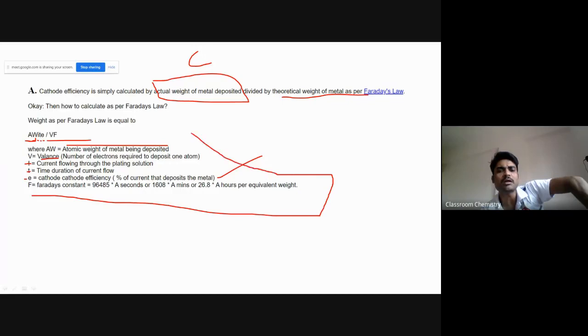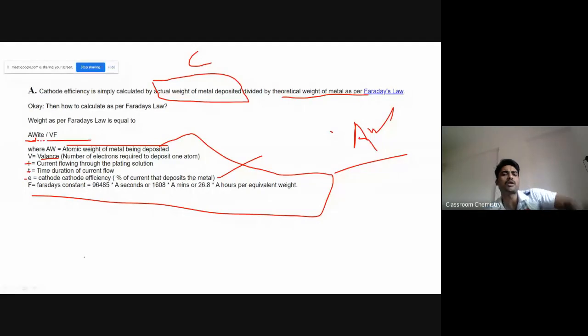We put all of these in the formula. First, you take the actual weight of metal deposited, divided by the theoretical weight. How is that calculated? Atomic weight into the quantity of current passed into time t into E, the cathode current efficiency, meaning the percentage of metal deposited, divided by V, the valence number of electrons, and F, the Faraday constant.